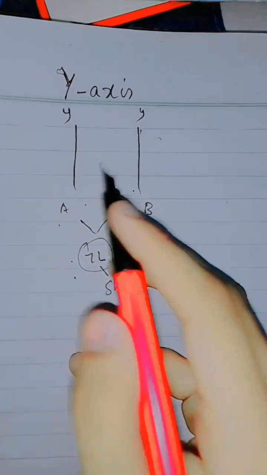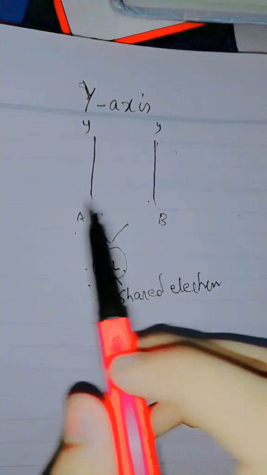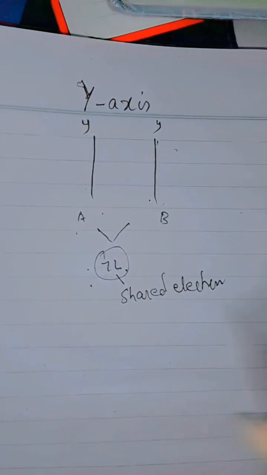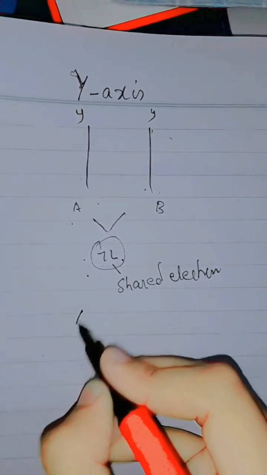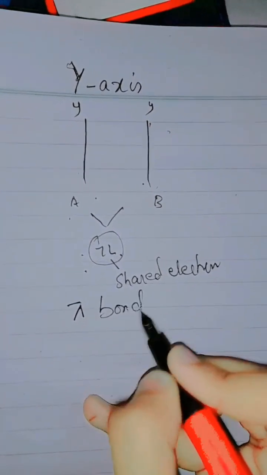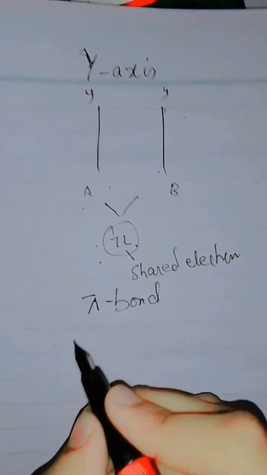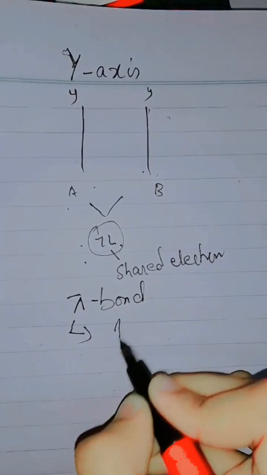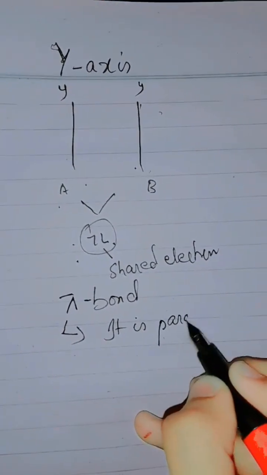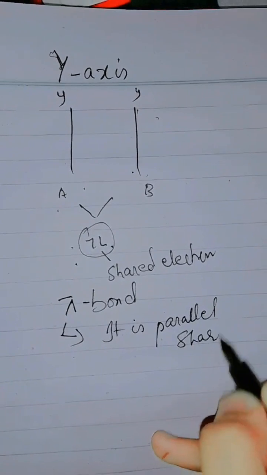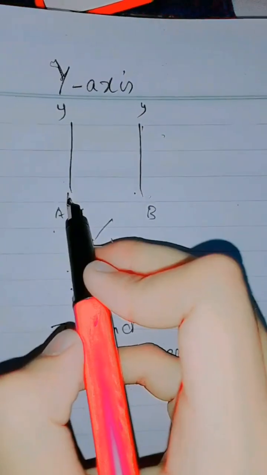The bond made on the y-axis is called a pi bond. And a pi bond is a parallel sharing, because both atoms are parallel.